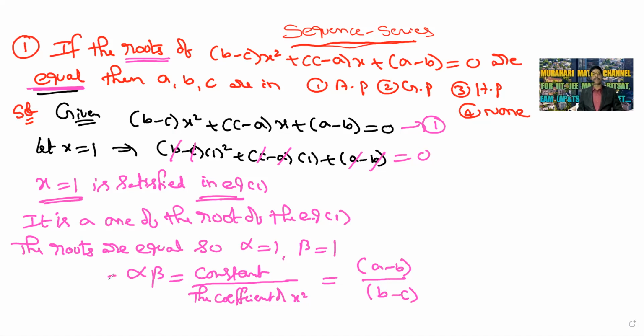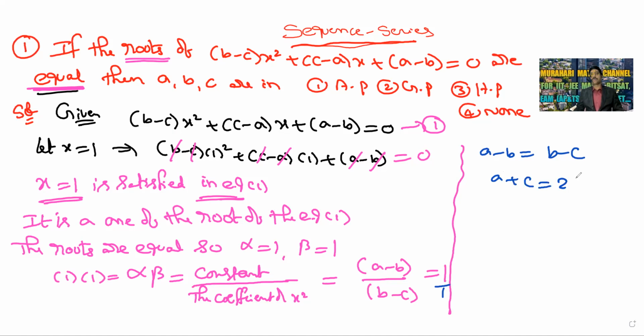But alpha into beta is 1 into 1, equal to 1. So a minus b is equal to b minus c. Let us do cross product. Therefore, a plus c is equal to 2b. Therefore, a, b, c are in AP. So first option is correct.